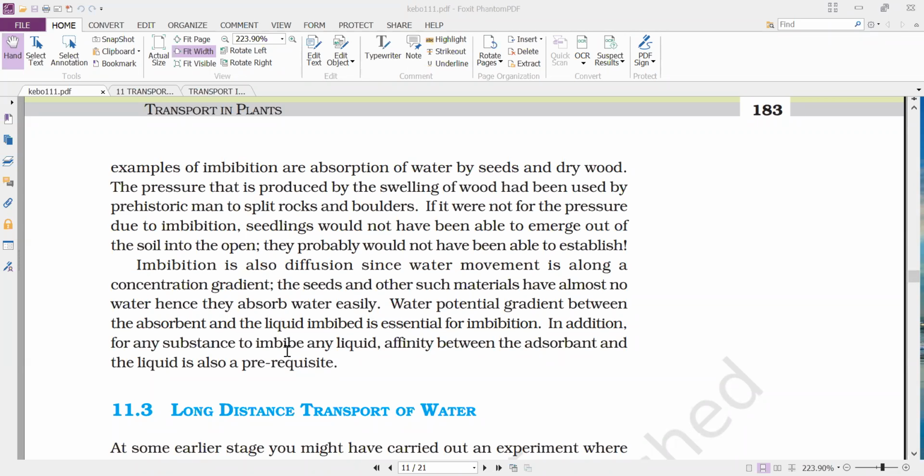Then only the imbibition pressure can be developed, which helps in swelling of that structure. So that's why we are saying that imbibition is a type of diffusion.